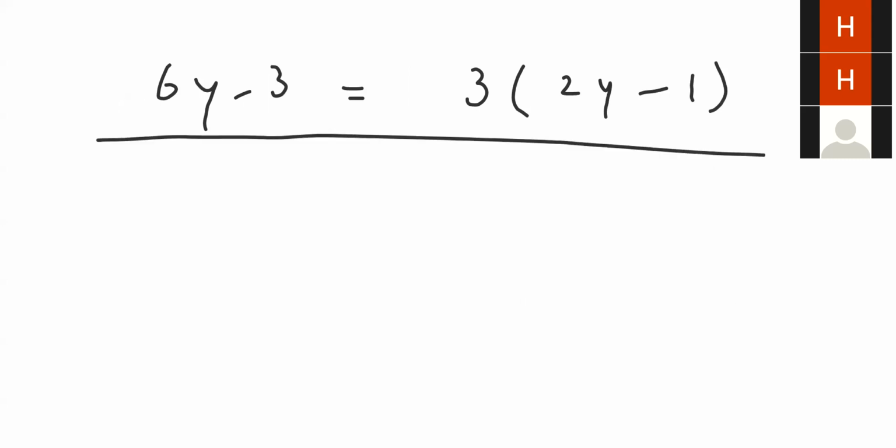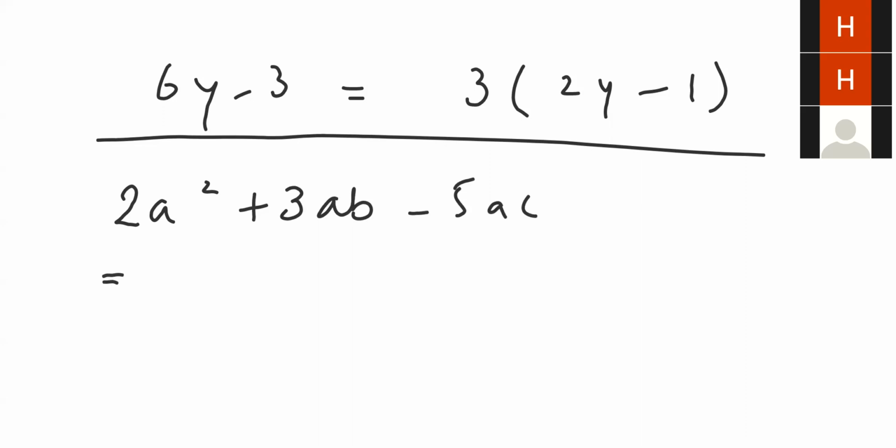Moving towards another complicated example including exponents, if we have 2a squared plus 3ab minus 5ac, what is the highest common factor of them? What are you going to take common in this? a. And inside the bracket, you're going to be left with 2a plus 3b minus 5c. So that is how you're going to be factorizing it.